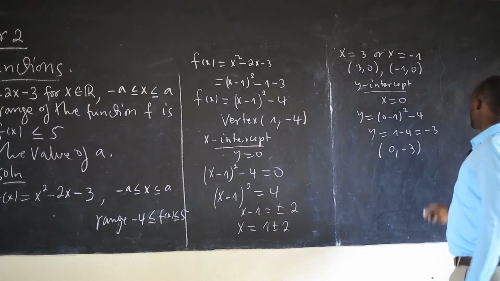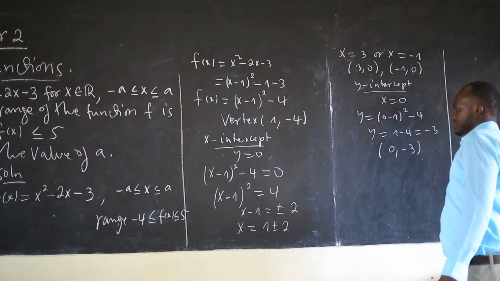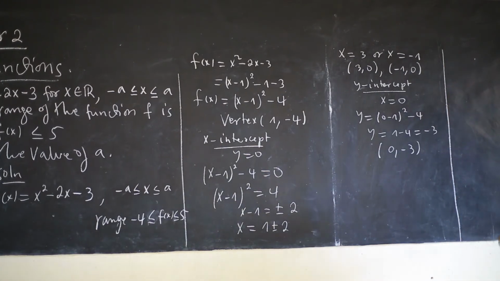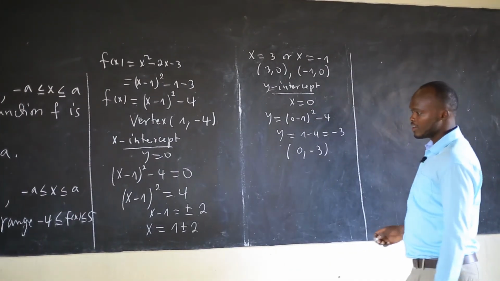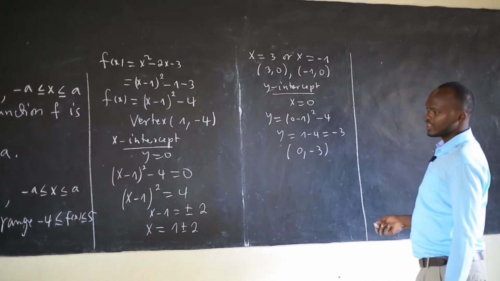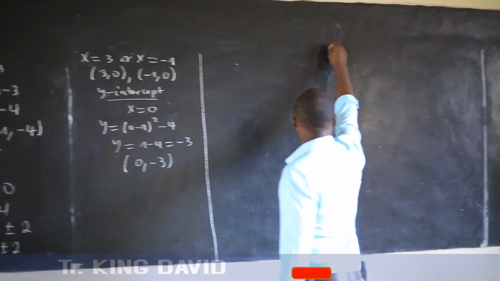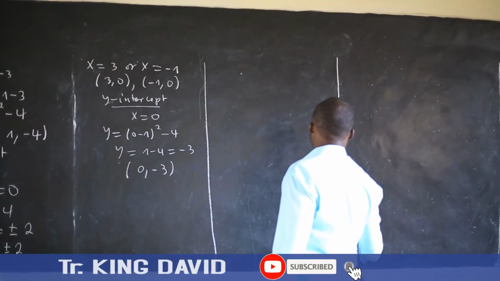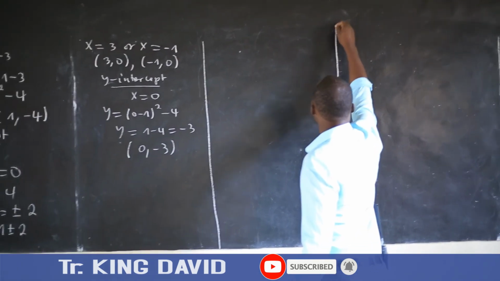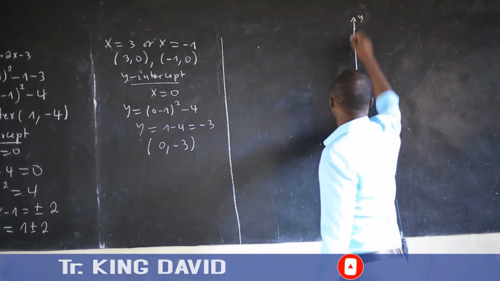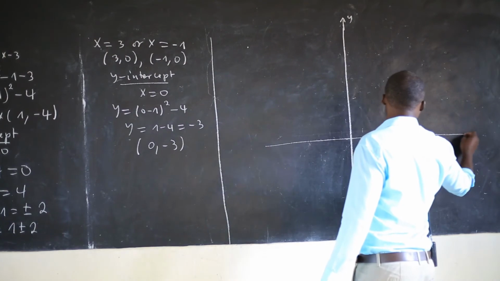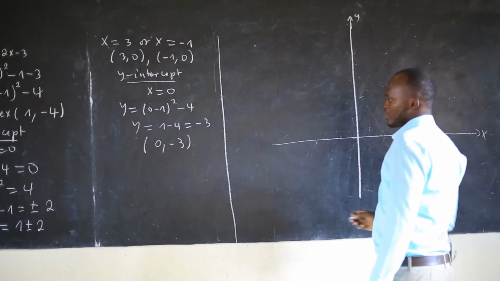So after getting the coordinates, we are going to sketch. Let us sketch to help us get the range and the domain. As you can see, if we sketch, we have the y-axis and we have the x-axis.